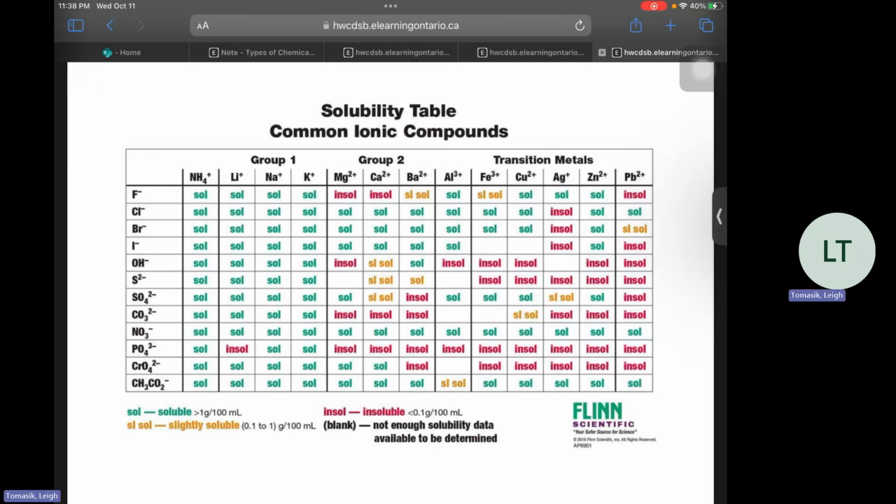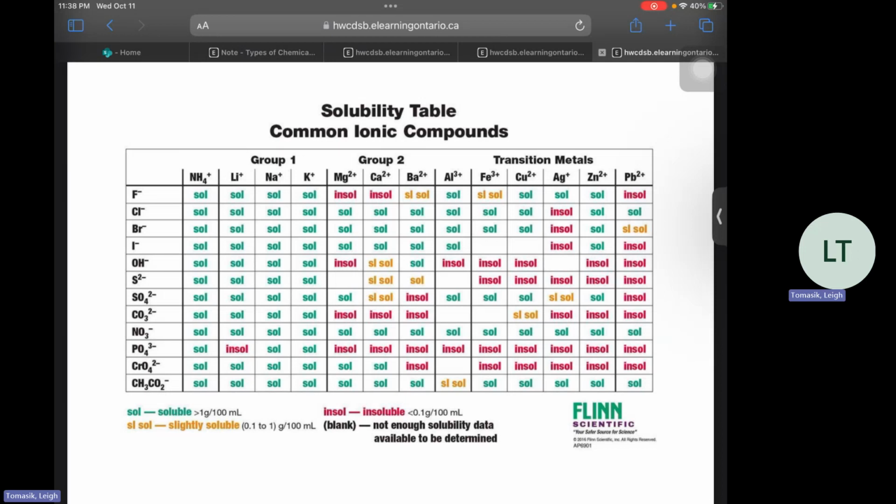This is from your chemical reactions unit, unit 2 in your types of reactions lesson. We might refer to this at some point.